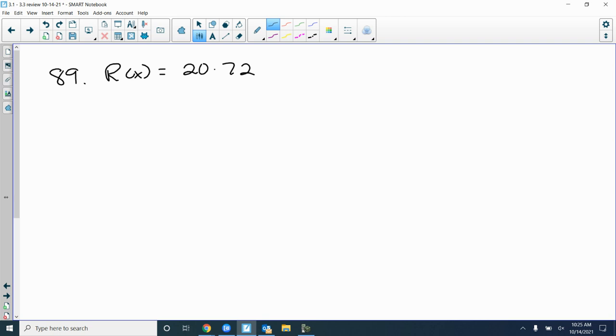Anybody got an idea on a function? I did 72 minus 2x times 20 plus x. All right, good. I'm going to go with the 20 first just because that's how I have it. That is correct. So she said 20 plus x, and then 72 minus 2x.